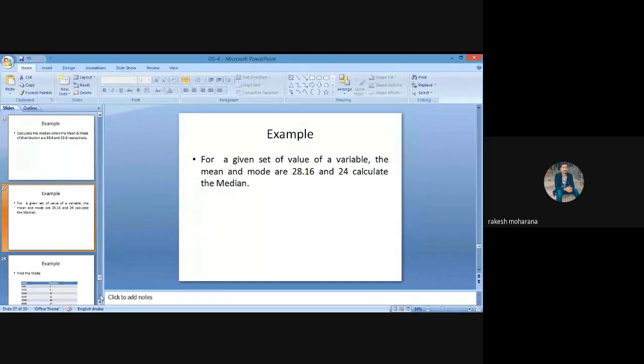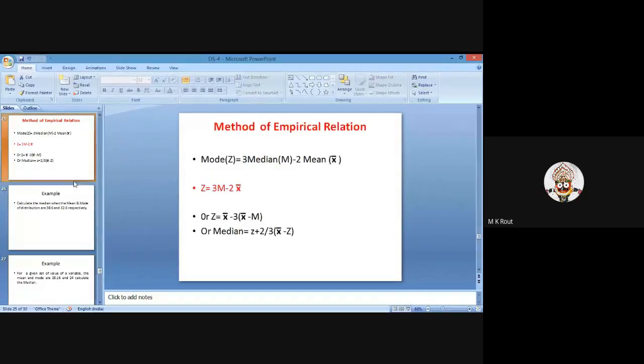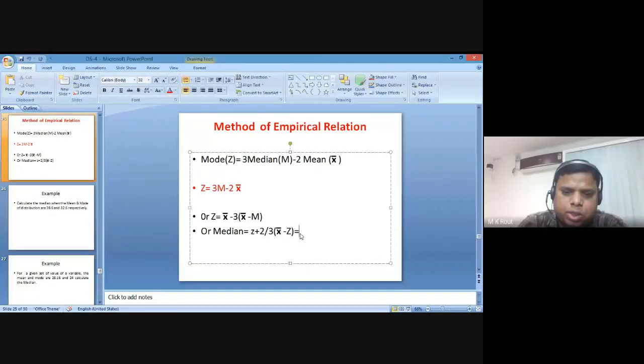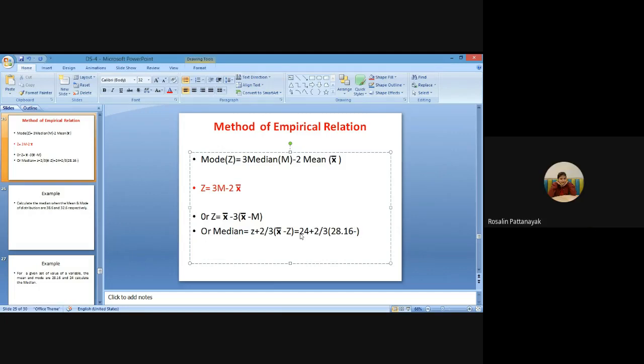Sir, please solve this. I don't understand. What is the name? Sir, Rakesh Moran. Okay, you tell. 24 mode is given. Median is 2 by 3 into z. So 2 by 3 into your mean 28.16 minus 24.